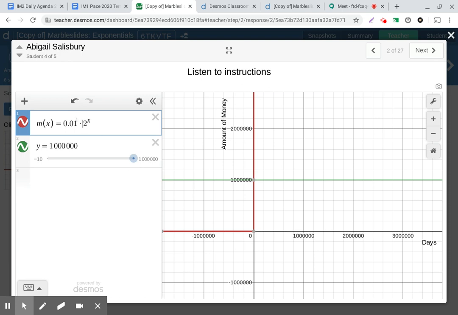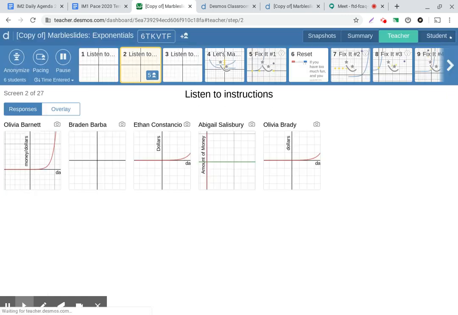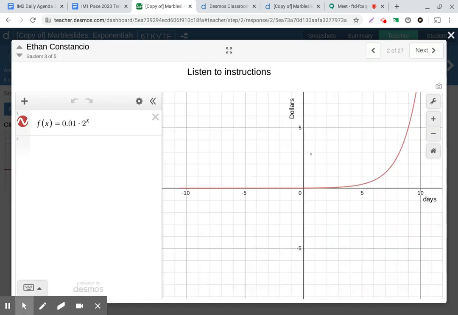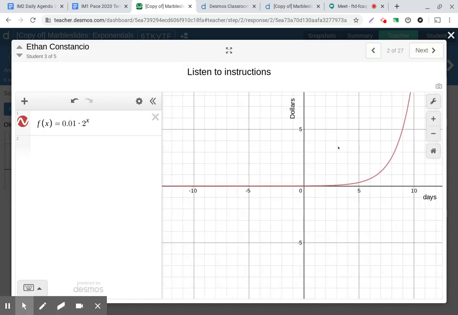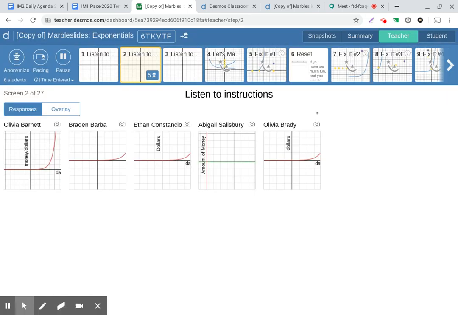So it's actually times because you're multiplying by 2. You're not adding 2. So everybody put in times, right? There we go. Now it looks the same, but it is different for sure.